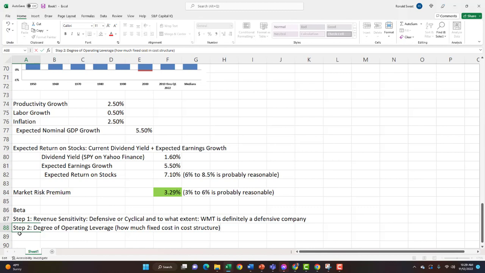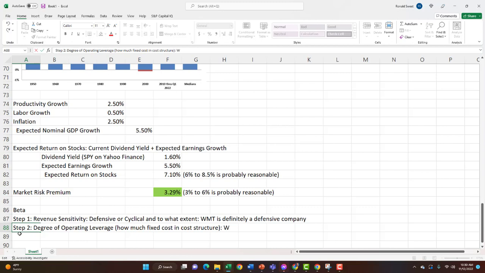So if they were a low beta company but have a lot of fixed costs, that might push their beta up closer to 1. If they're a high beta company and have a lot of fixed costs, it might push their beta even higher, further away from 1. Or if it's a cyclical company but with low fixed costs, that might move their beta closer to 1. It probably won't flip a company from below 1 to above 1, or from above 1 to below 1, but it will move it further from or closer to 1.